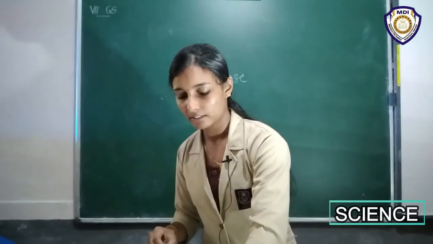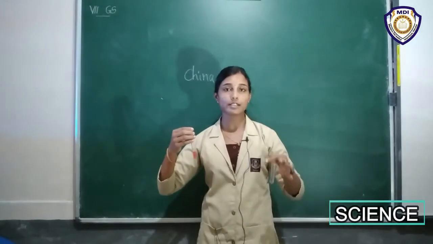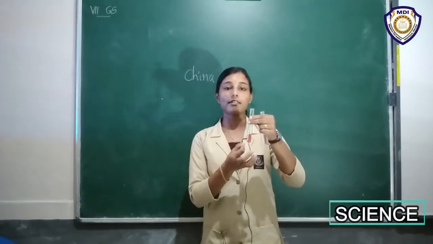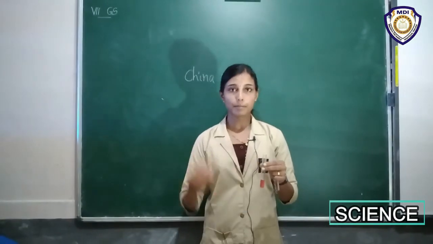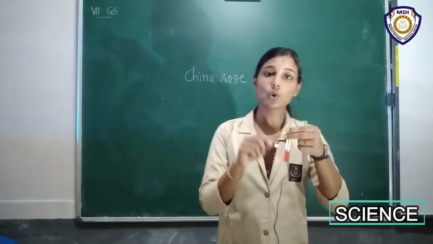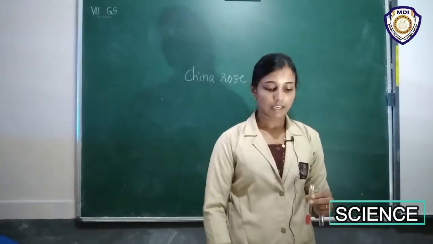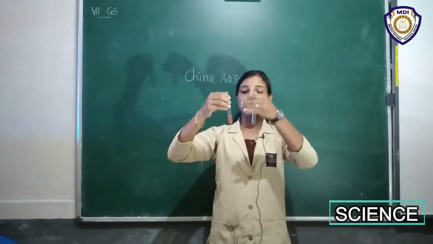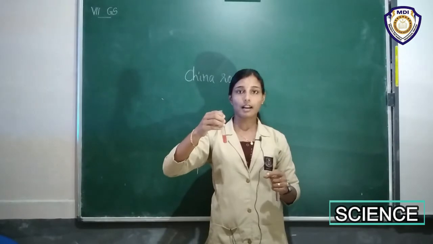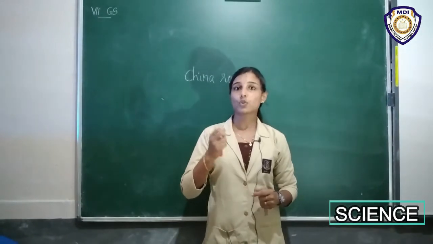So what will be the inference? When the China rose indicator solution is added into an acidic solution, here we took lemon juice, which contains citric acid, the color of the solution becomes red. So acidic solutions will change their color into red.